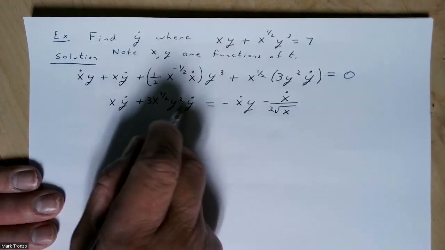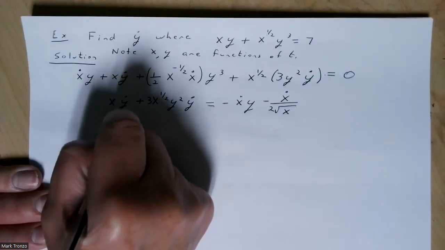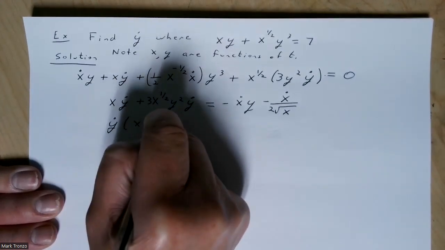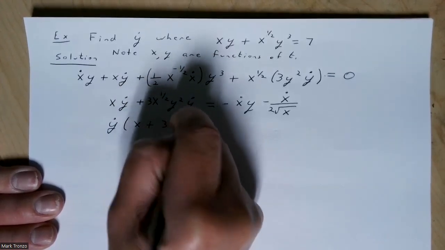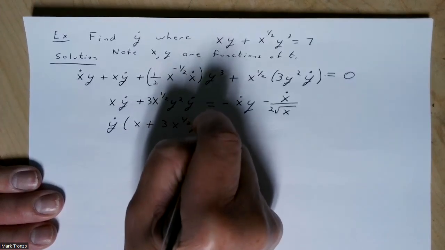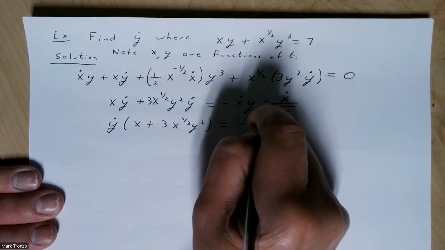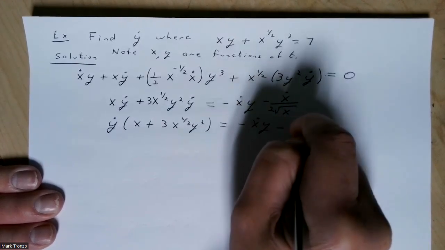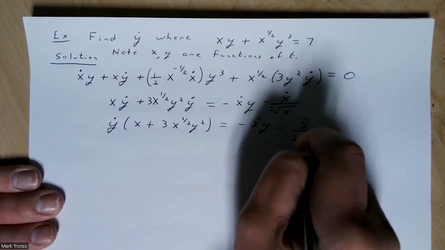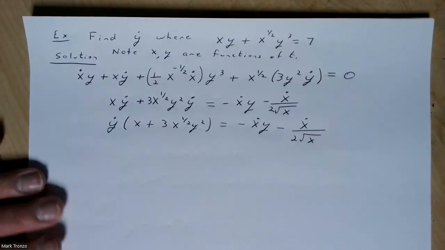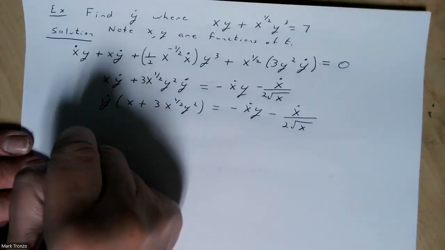And now we want to solve for y dot. Usually you don't have to put all these steps in, but I'm going to just factor that out. So I just factor out the y dot. Now divide both sides by this.